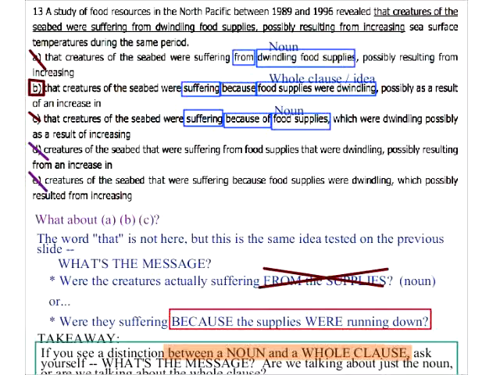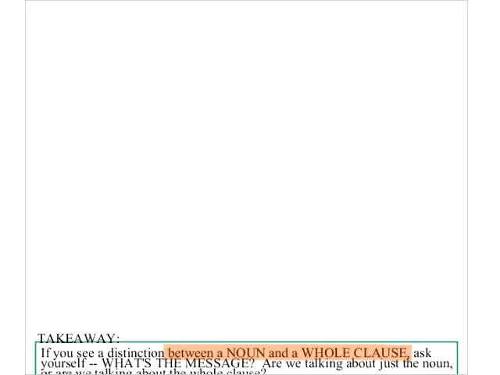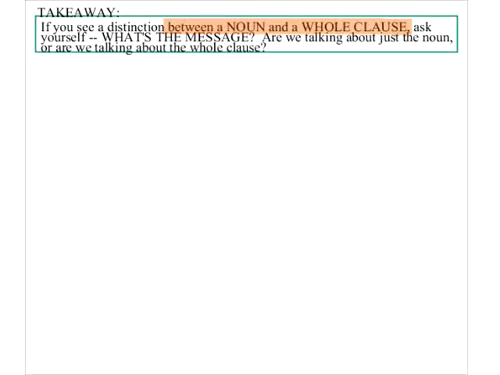Also, let me give you a little bit of a hint as far as how you can better learn about this stuff. Let's take this over to the next page. One of the best ways to teach yourself to use these kinds of things better is to make your own examples.